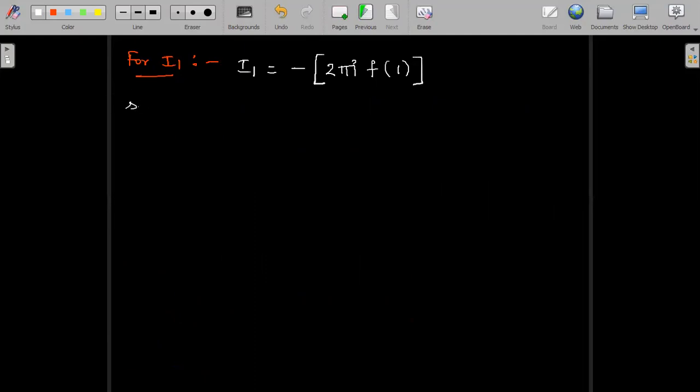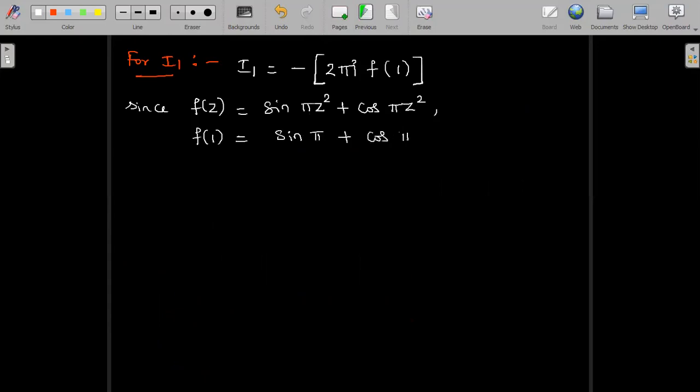Let us recall: f of z is equal to sine pi z squared plus cos pi z squared, so what will f of 1 be? With z equal to 1, it is sine pi plus cos pi. We know sine pi is 0 and cos pi is minus 1, so we get minus 1.